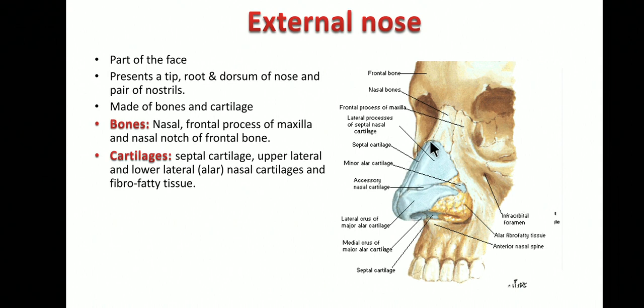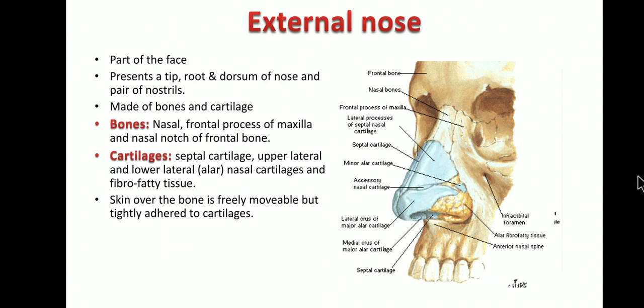Now, all this is covered by the skin. The skin over the bones is very tightly adhered, but the skin over the cartilage is loose. Now coming to the blood supply, it is mainly supplied by the branches of the dorsal nasal artery and infratrochlear branches, all from the ophthalmic artery.